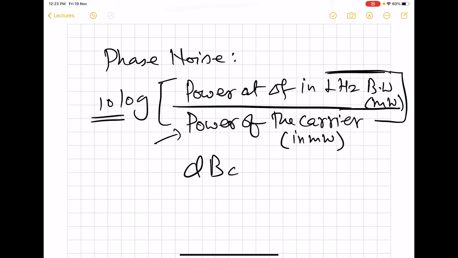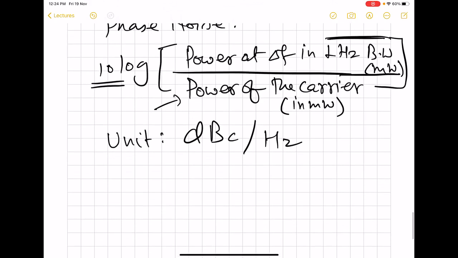So we also convey this information by saying that this is power relative to carrier but in 1 hertz bandwidth. So the unit of this phase noise is dBc per hertz. So this is how we will calculate if we have the absolute power in milliwatt.